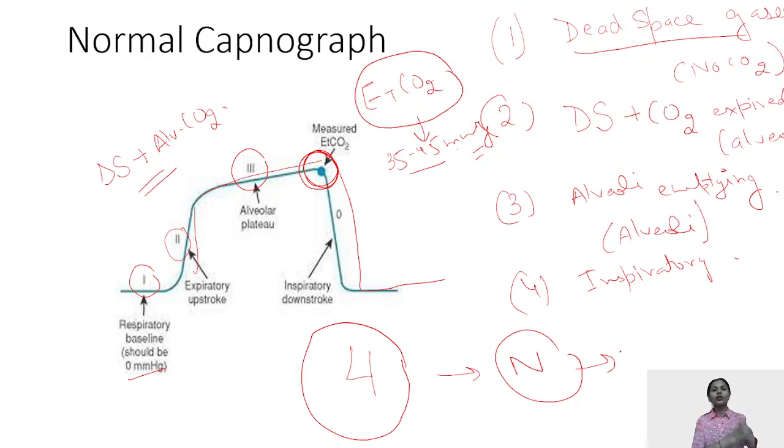So these are 1, 2, 3, 4: dead space plus the alveoli. The alveoli are emptying in phase 3, and eventually we have a downslope because of the inspiration that is occurring, in which the EtCO2 will touch the baseline. I'm repeating this again and again because if you know the normal capnograph, then you can easily correlate it with the abnormal capnographs.